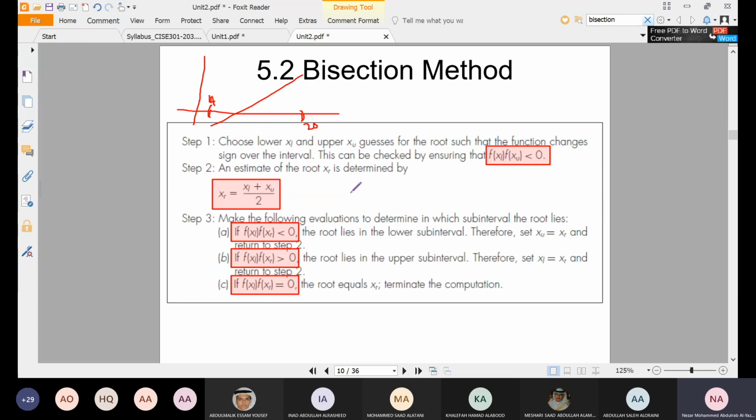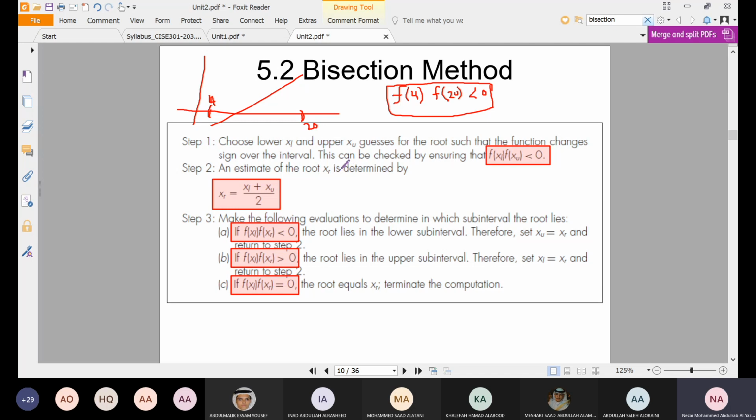To find the root, we start from this one. This method is applicable only if I evaluate the function, for example f of 4 multiplied by f of 20, and this should be less than 0.